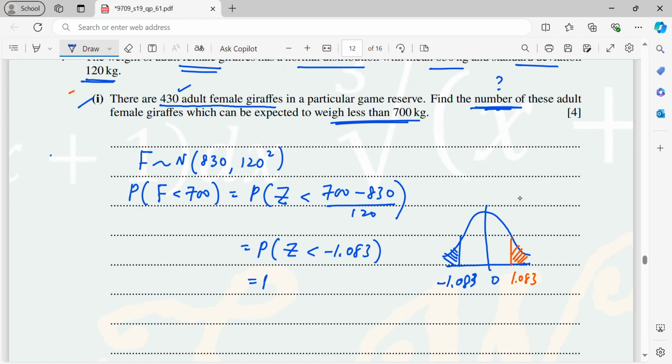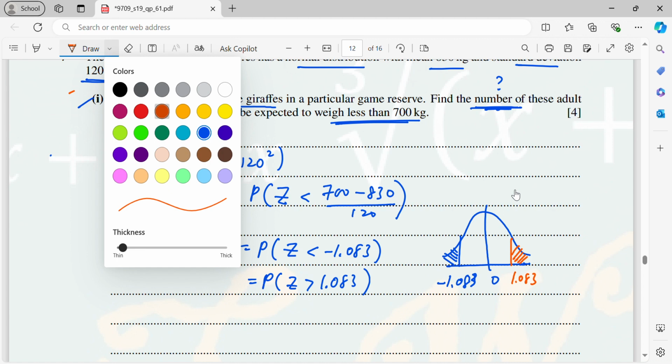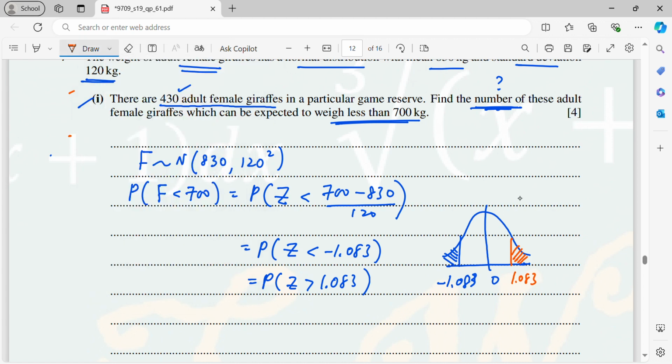The orange region is the same as P(Z more than 1.083). But the normal table just gives you whatever is less than the positive value. So I will use this concept of total probabilities, which is 1 minus whatever is less than 1.083. So therefore, this is 1 minus P(Z less than 1.083).